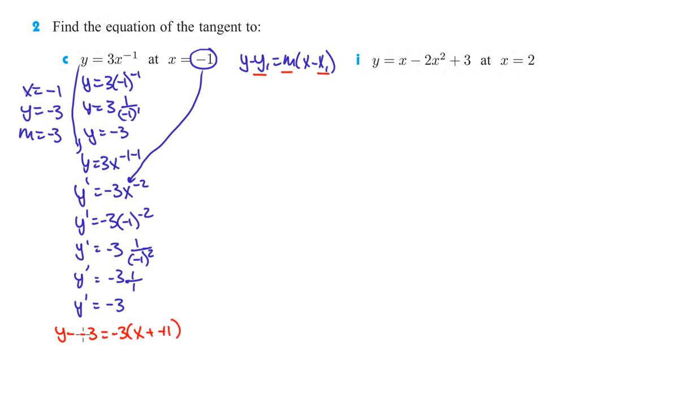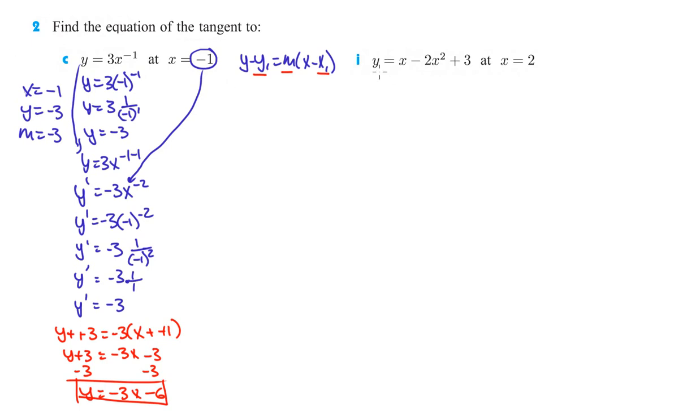So those double negatives turn into a positive. So we get y plus 3 equals, distribute the -3 through, we get -3x minus 3. Subtract 3 from both sides, and we get that y equals -3x minus 6. That is the equation of the tangent to this function at x equals -1.